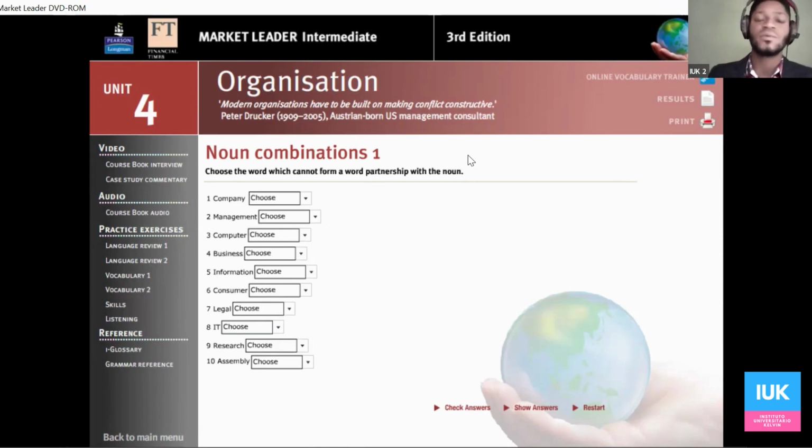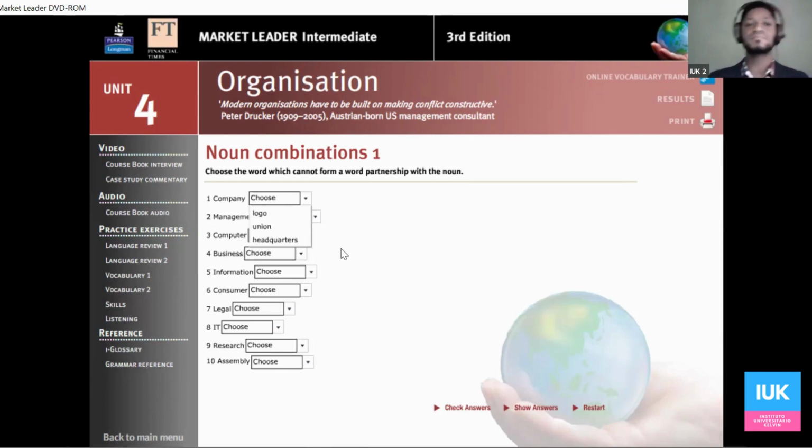These are word combinations that everyone understands and uses together. So here the task is to choose the word which cannot form a word partnership, or cannot form a collocation, with the noun.